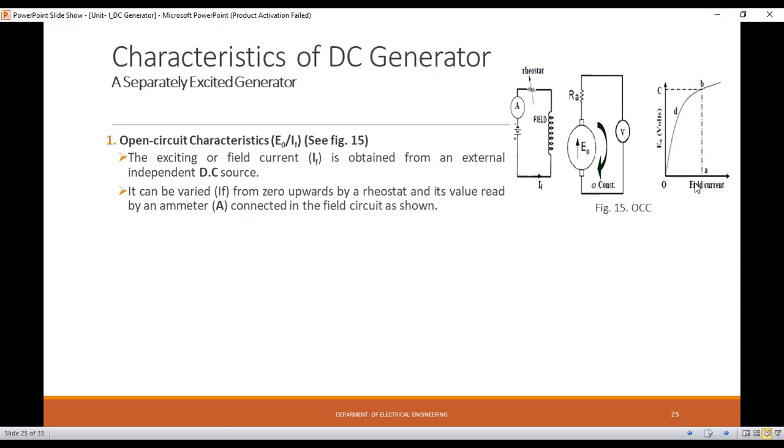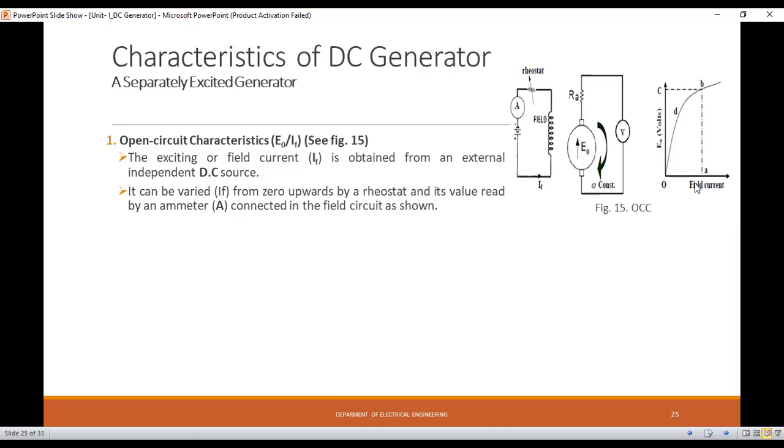After that, when the field current increases, the induced EMF of the generator increases linearly. It gives a linear relationship because at that time we are not taking into account the reluctance of the air gap, as well as the reluctance of the core.